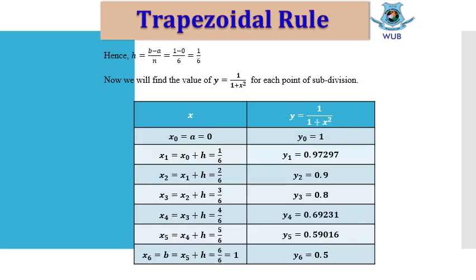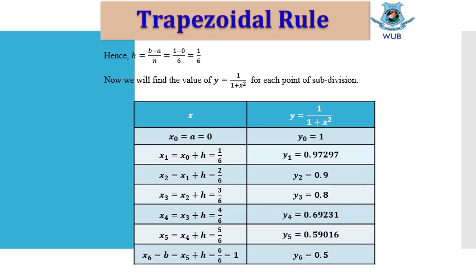Here you can see that we calculate the value of h, and we just simplify the equation by subdivision. Okay, there are two columns. One is x and another one is y, which is the equation. At first, x equals a, and a means 0, which is the initial range already given in the equation.